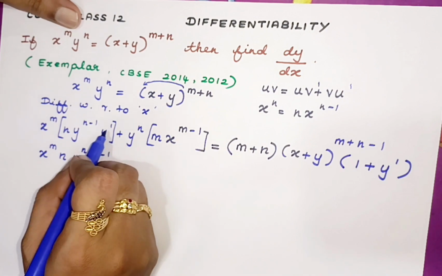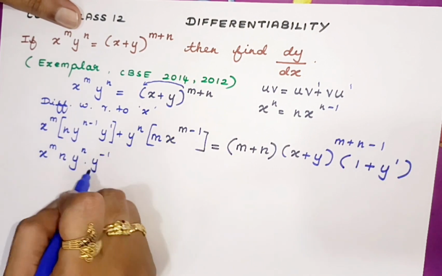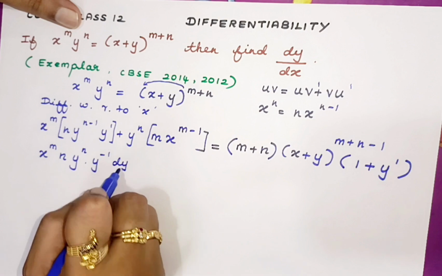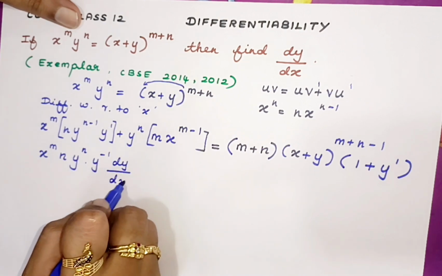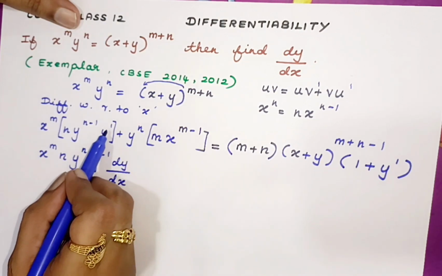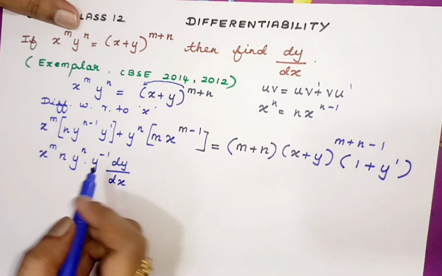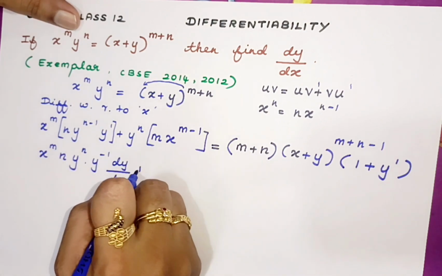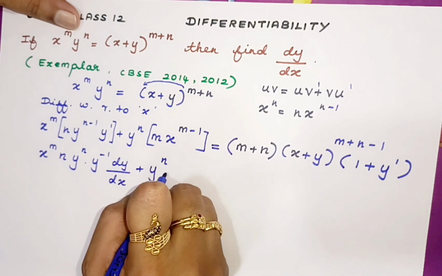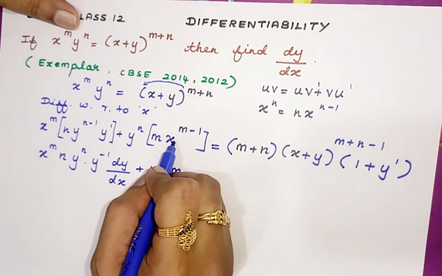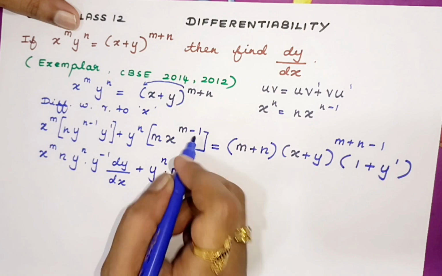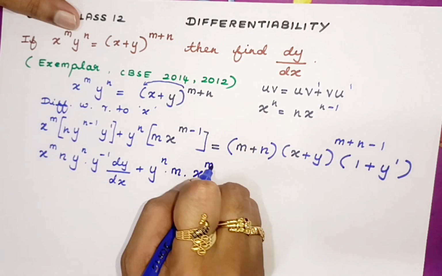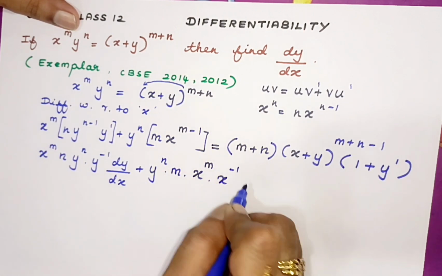This is y', so that we shouldn't get confused, I am keeping this y' as dy/dx because we will add up the powers. Next, plus y^n into m into, again splitting up the powers with the base, x^m into x^(m-1).